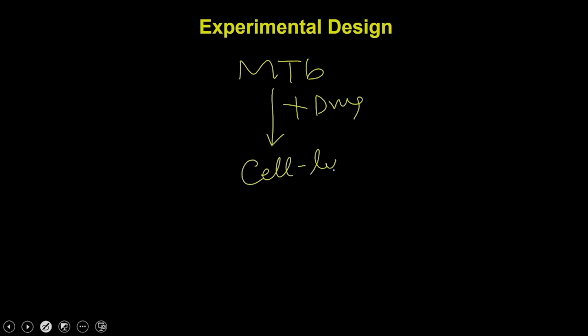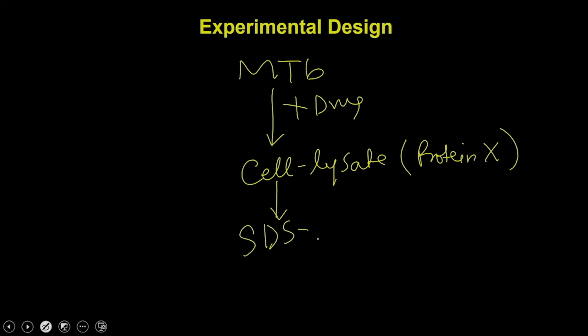In the experimental design, you take the MTB cells, first treat them with the drug, and then prepare the cell lysate, which contains the protein of your interest, protein X in this case. Then you resolve this on an SDS PAGE, because you want to know only the molecular weight, not the native molecular weight.